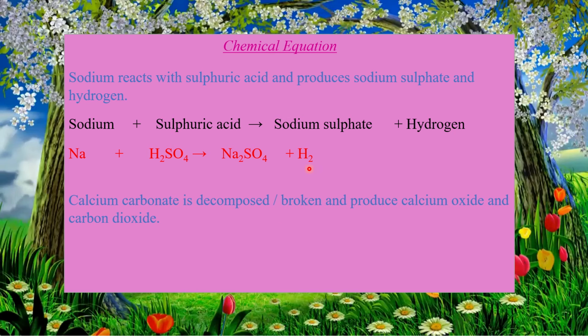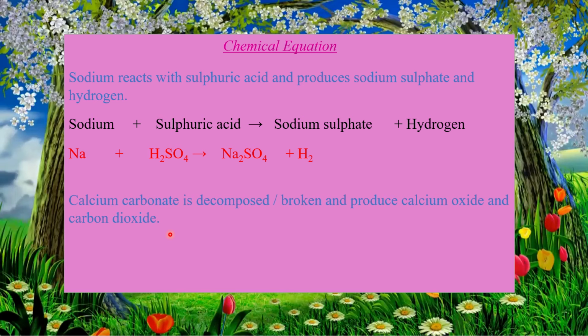Now another reaction: calcium carbonate is decomposed or broken. Dear students, decompose in chemistry means to break by heating or by any other way. Calcium carbonate is decomposed and produces calcium oxide and carbon dioxide.